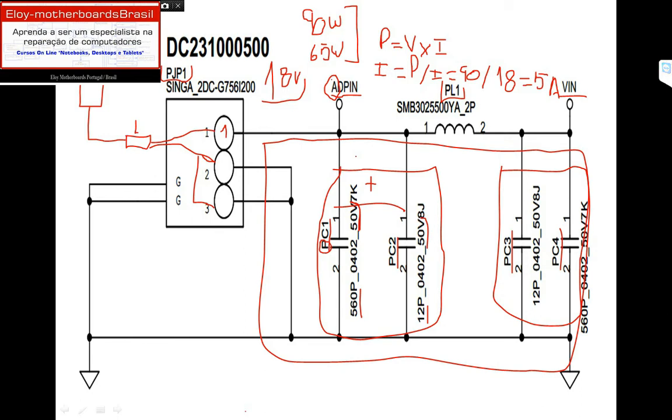low frequency, because this filter right here, composed by PC1, PC2, PL1, PC3 and PC4, will filter all high frequencies.